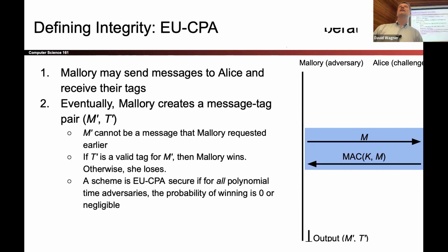So basically, Mallory can't predict the tag on any message that Alice hasn't sent, even under very generous assumptions to Mallory, helping Mallory as much as possible. So that's the notion of existentially unforgeable under chosen plaintext attack, EU-CPA. And there are message authentication code algorithms that we believe satisfy this requirement. So they seem very strong.